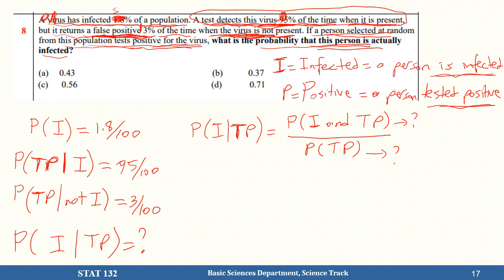Now, how can we find the probability of infected and tested positive? We can use the multiplication rule.